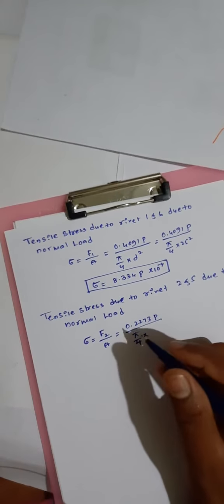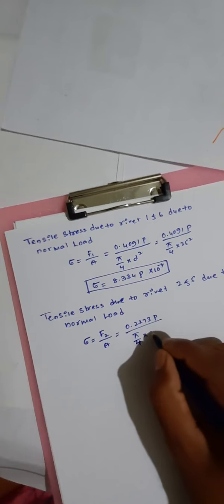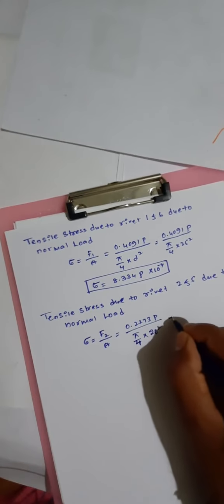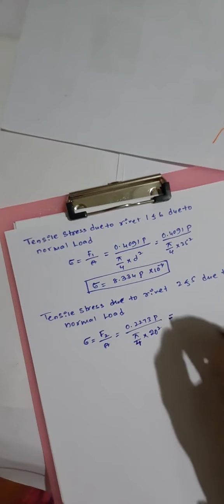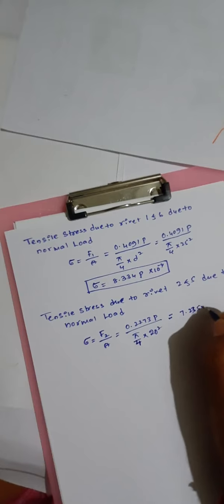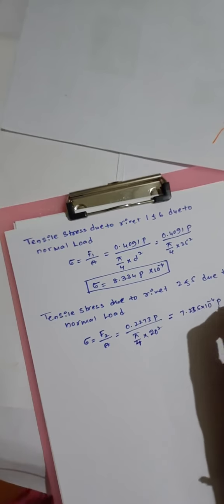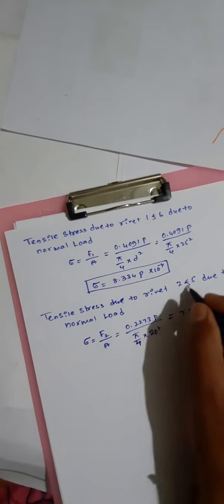D is the diameter of rivet number 2 and 5, which is 20. If you simplify this, we get 7.235 into 10 to the power minus 4 P. This is the sigma for rivet number 2 and 5.